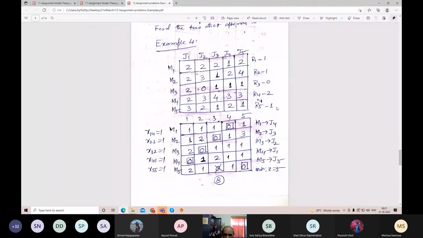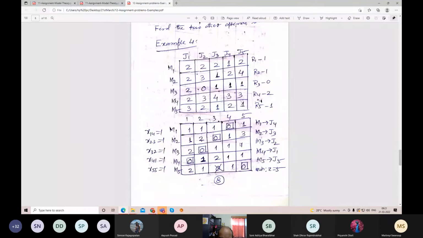After that, this is your outcome. The first row has a 0, second row has a 0, third row has a 0, fourth row has a 0, and the fifth row has 2 zeros. So we assign in this manner.